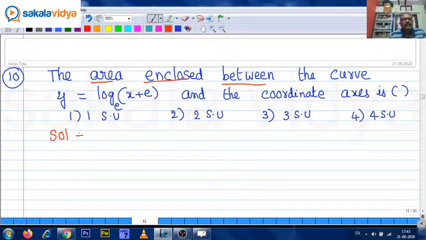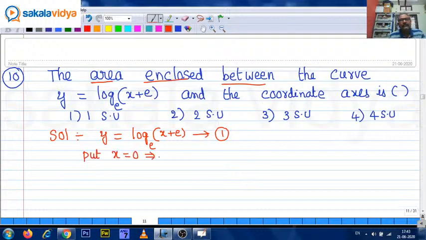So the given curve is y equals log of x plus e to the base e, say equation 1. Put x is equal to 0 on the y-axis, that means y equals log e to the base e, which is 1. That means it cuts the y-axis at (0, 1). Put y is equal to 0.